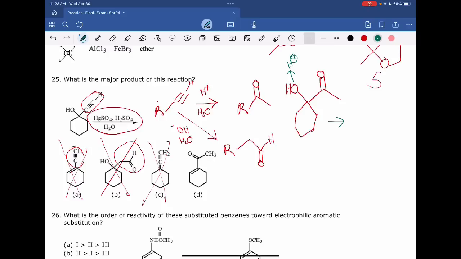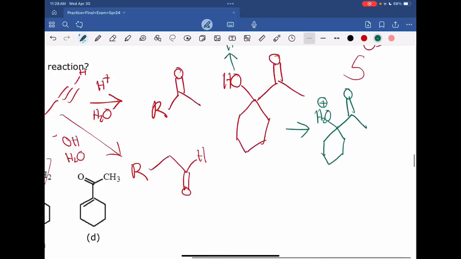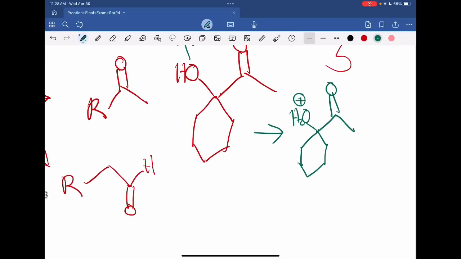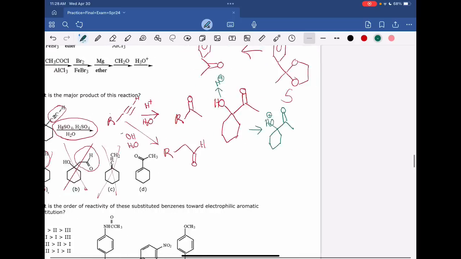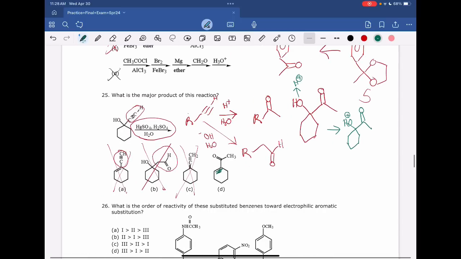It's going to become H2O plus. Oh wait, why did I even draw it here? Sorry, it goes here. And then you draw your ketone here. The water is going to get eliminated, and you're going to get this double bond that's in the answer here.